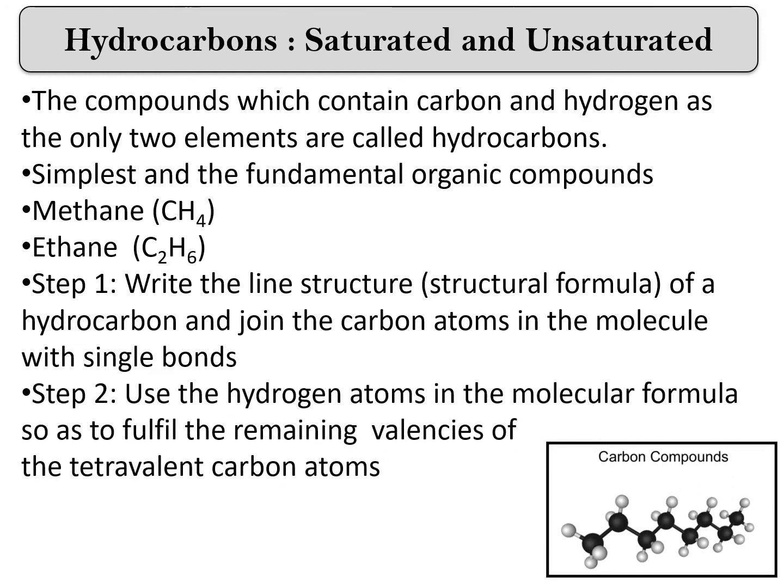This is your first step. In the second step, we will complete the valency of the carbon by using hydrogen atoms. So the second step is to use the hydrogen atoms in the molecular formula so as to fulfill the remaining valency of the tetravalent carbon atom.